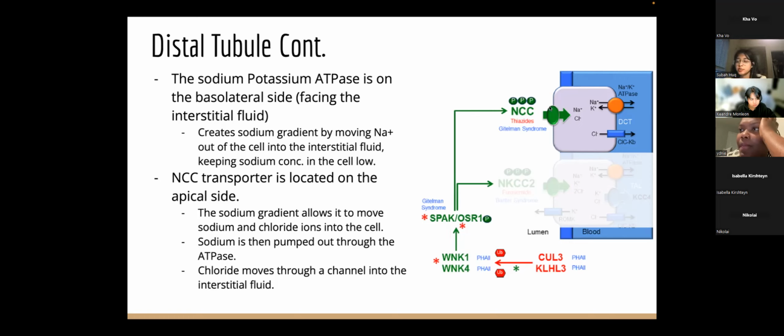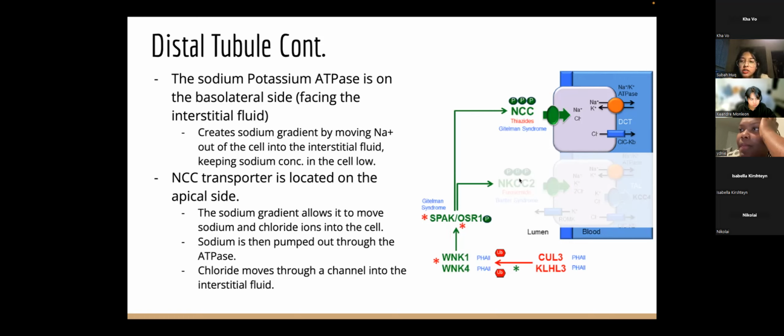The NCC transporter is on the apical membrane side, and it uses that sodium gradient to move sodium and chloride ions into the cell. Then we can pump sodium back out through the sodium potassium pump, and move chloride out through a channel on the basolateral side.